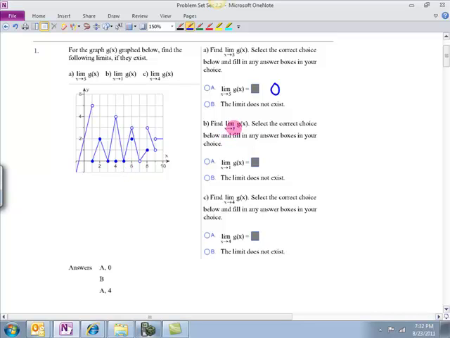All right. Find the limit as x approaches 1. Now, what are your choices? As we approach 1, what happens? We're coming in from the right, we've got this. Coming in from the left, we've got this. Do you remember about limits? If they're different coming in from opposite sides, what does that mean? Does not exist.